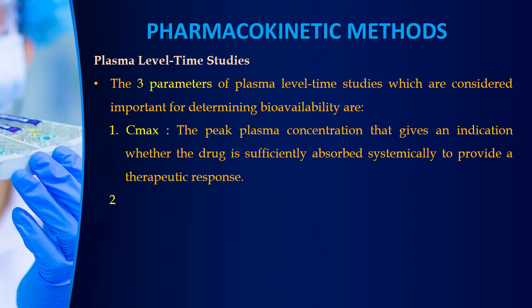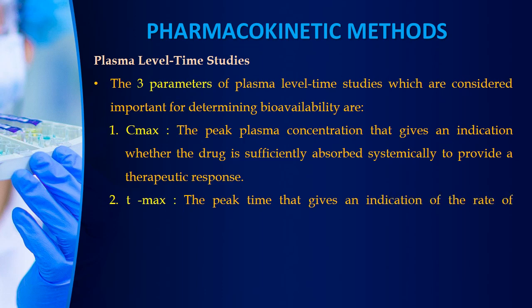And the second parameter is Tmax, the peak time, that gives an indication of the rate of absorption. So the time taken for the absorption process is what we can identify as the Tmax.